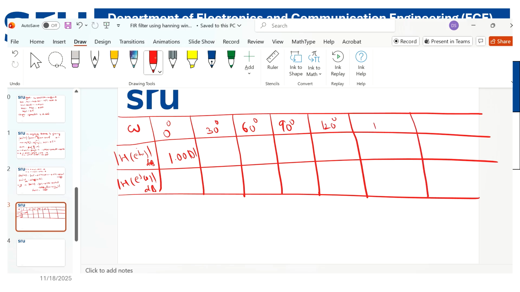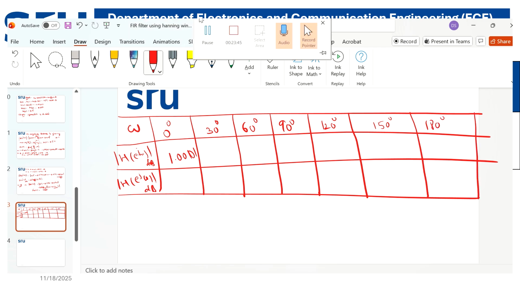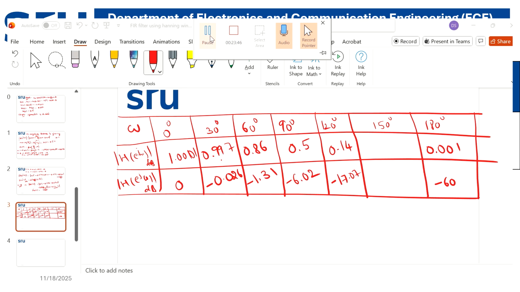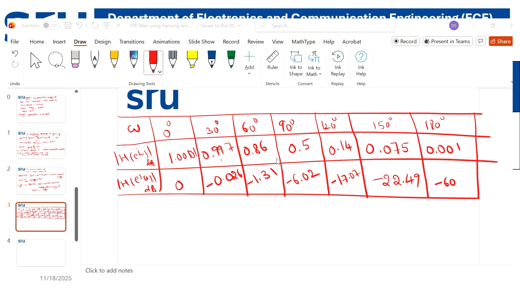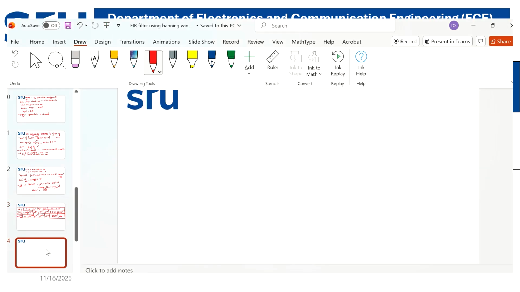Next, 150 degrees and 180 degrees. This is a table which shows the magnitude response with normal units and with the dBs. Using this table, we have to draw the characteristics of the low pass filter.